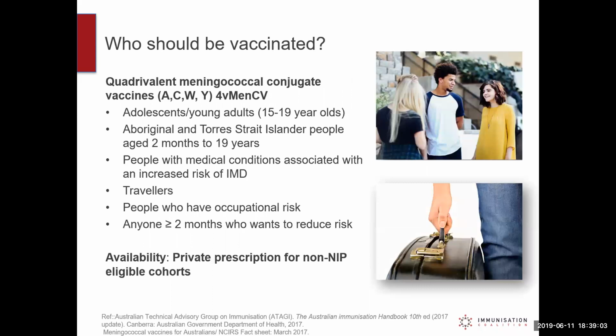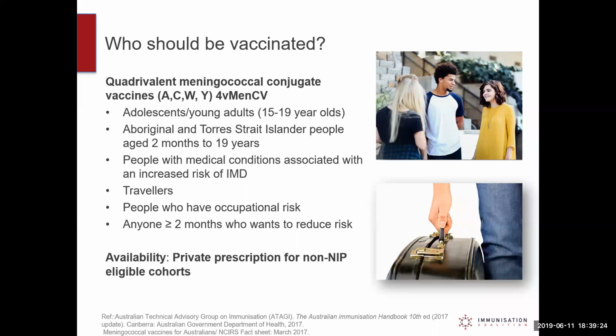So, who should be receiving ACWY vaccine? Definitely, we need our adults covered. We need our Aboriginal and Torres Strait Islander people covered. We need people with medical conditions that are putting them at increased risk of invasive meningococcal disease. We need them covered.